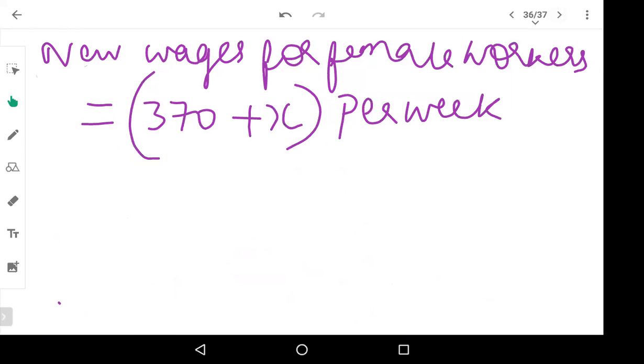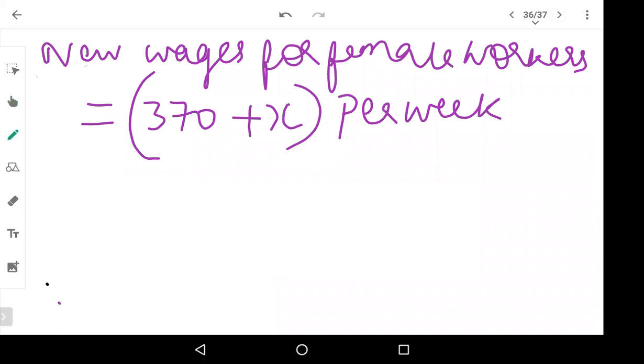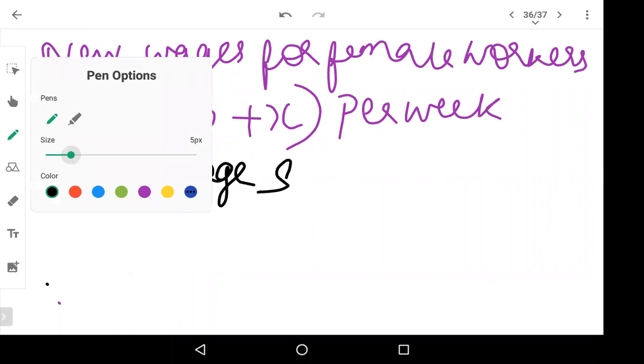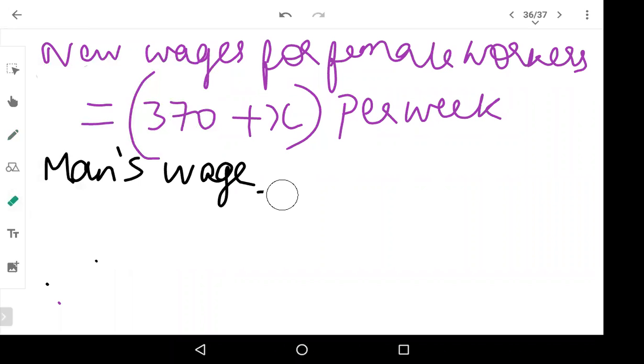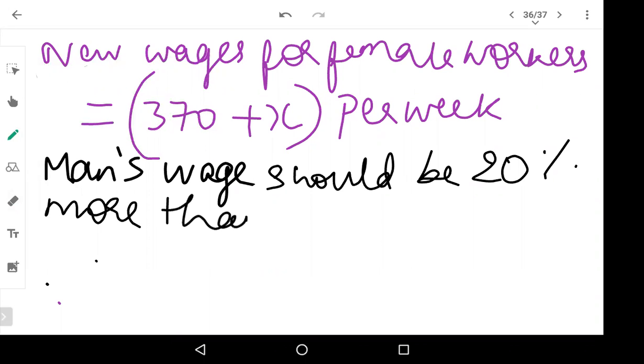So now let us define for that. What have they told? Man's wage should be 20% more than women's wage.